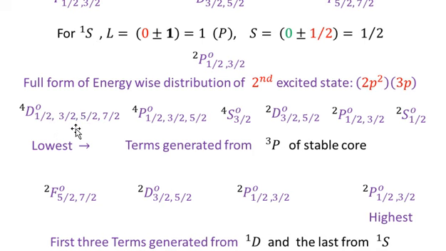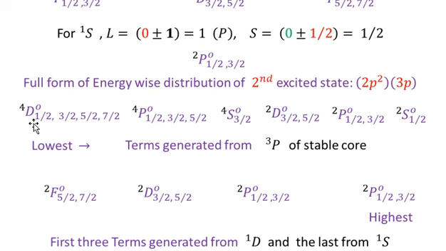And there is another term which also has multiplicity 4. But since the value of L is higher for 4D, which has the same multiplicity as the 4P terms, and the orbital quantum number is greater for the D terms, it will be lower in energy.